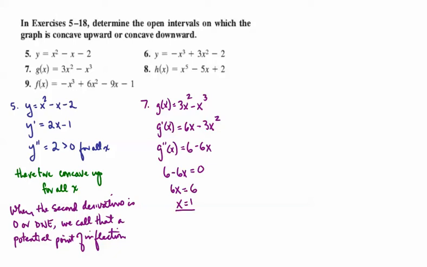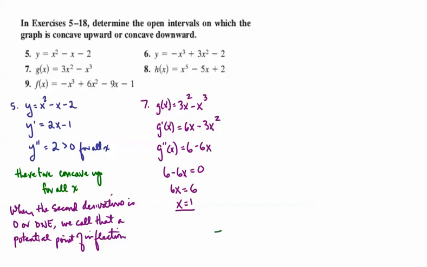And we'll see what a point of inflection is. A point of inflection is a place where the concavity changes from up to down or down to up. Just having a second derivative 0 or not existing is not guaranteeing us that that will happen. But let's see what we find here.